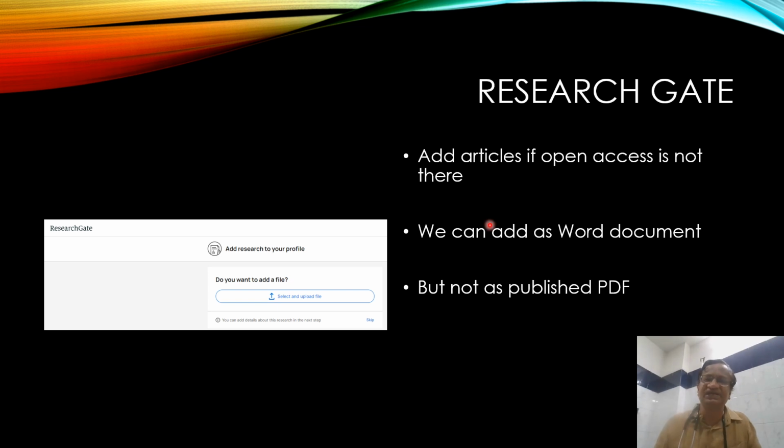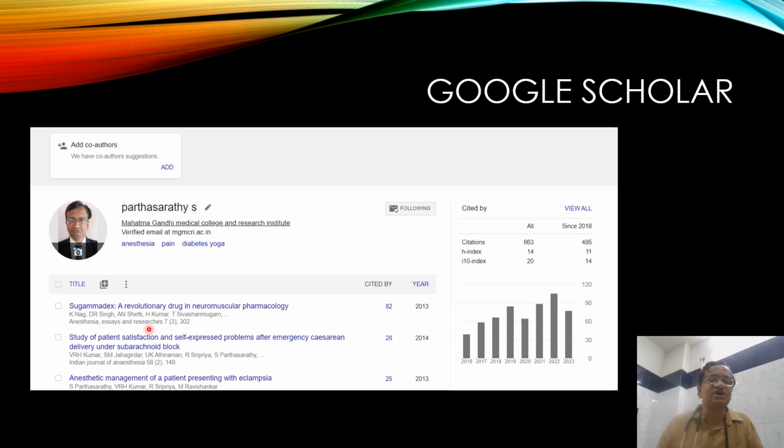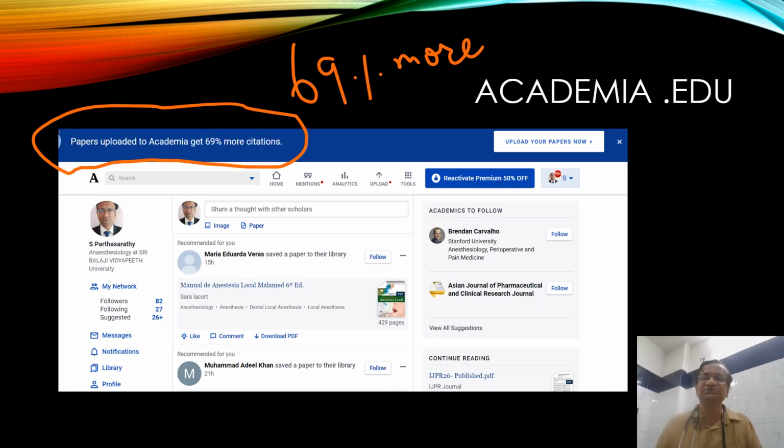ResearchGate: open a ResearchGate account and add articles if open access is not there. If the journal is not giving open access, you can upload the document as the original Word document, not as the published PDF. Google Scholar: yes, we have to have one account on Google Scholar.